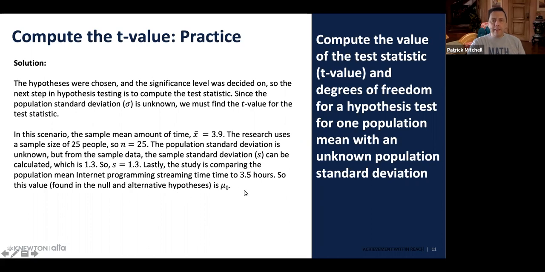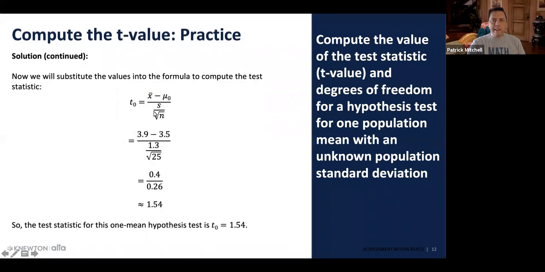So now we're ready to calculate our test statistic using this formula, filling in 3.9 for X bar, 3.5 for mu sub 0, 1.3 for S, and 25 for n. Just double checking to make sure, yes, that this is correct.